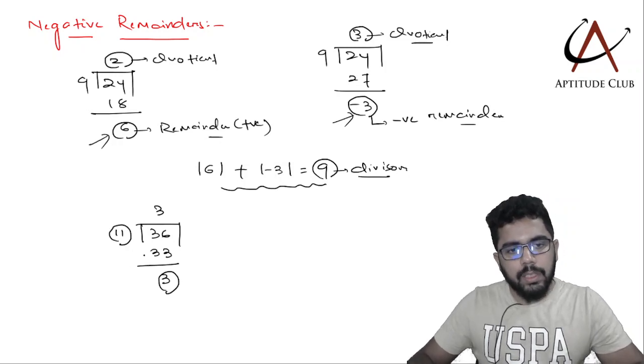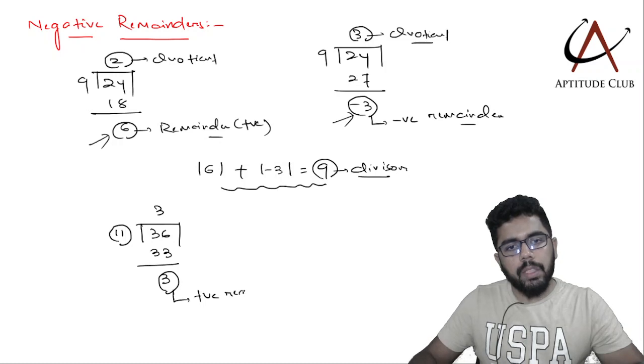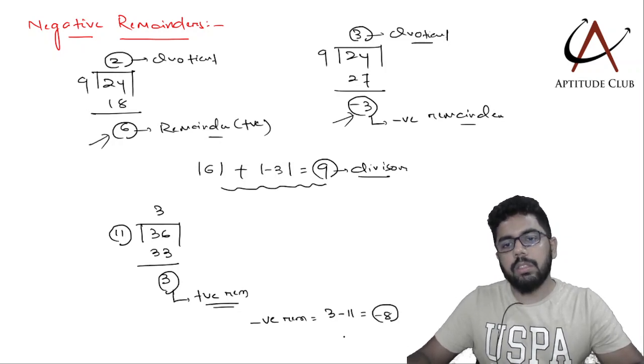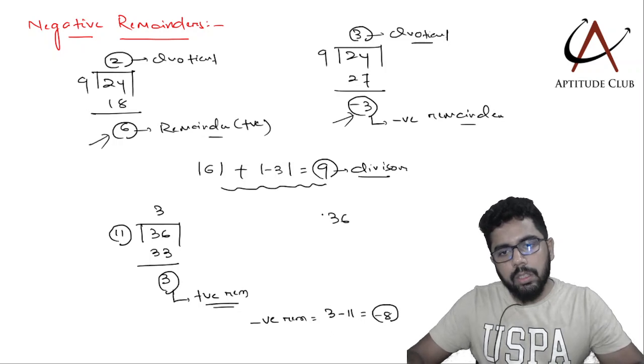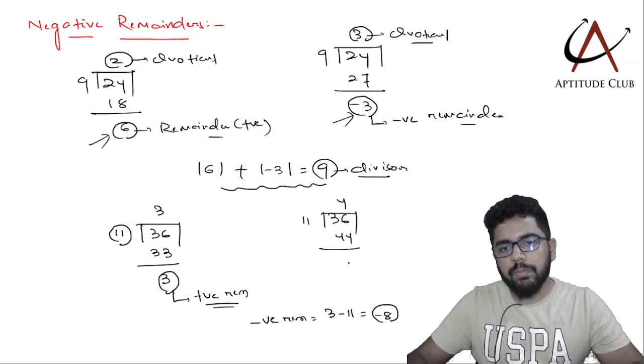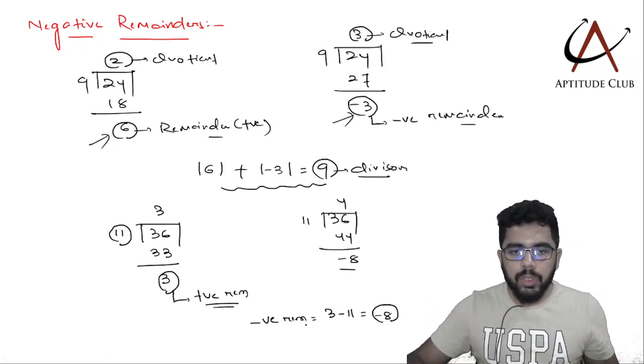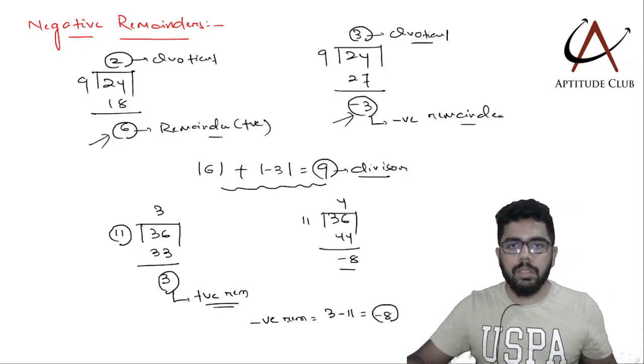If the divisor is 11 and the positive remainder is 3, what should be my negative remainder? Think about it for a while. The negative remainder should be the positive remainder minus the divisor, so minus 8. Let us check: 36 divided by 11, 11 fours are 44, so I get minus 8. So the negative remainder is the positive remainder minus the divisor.